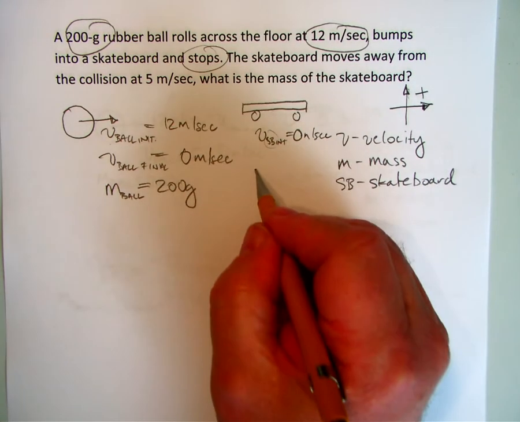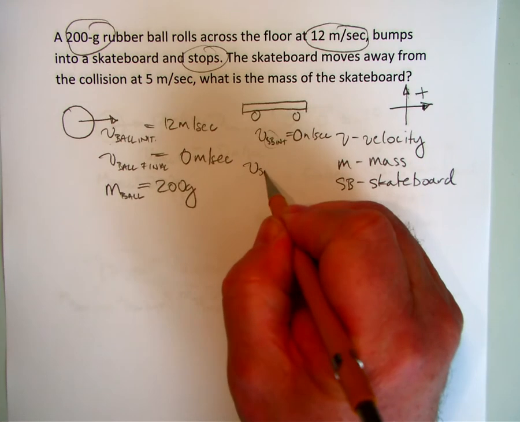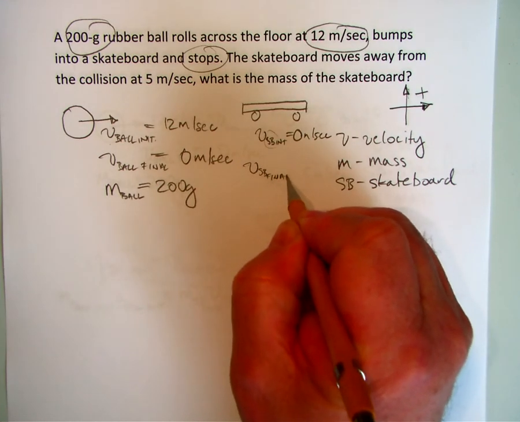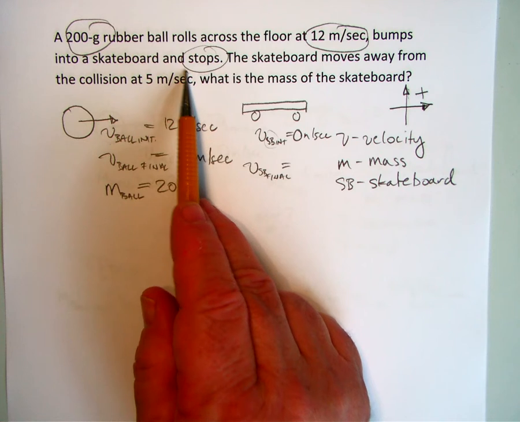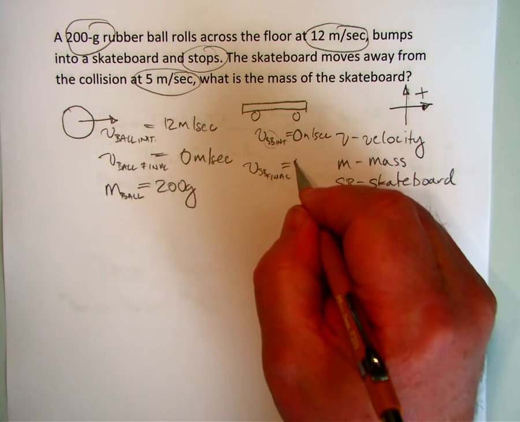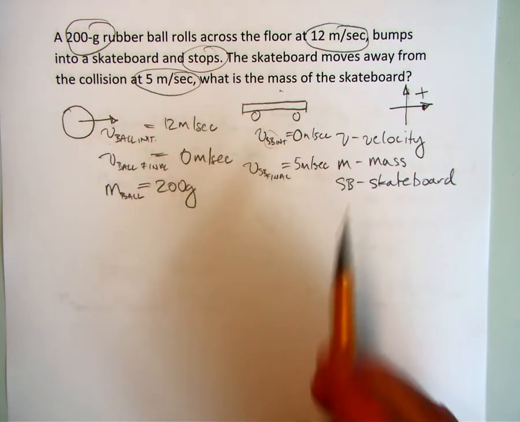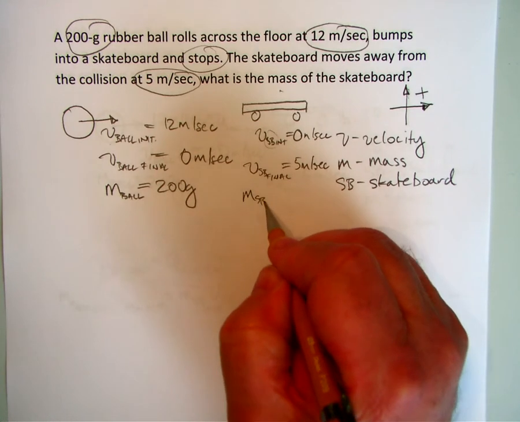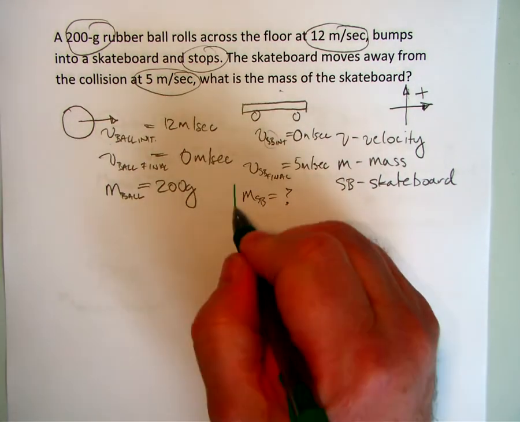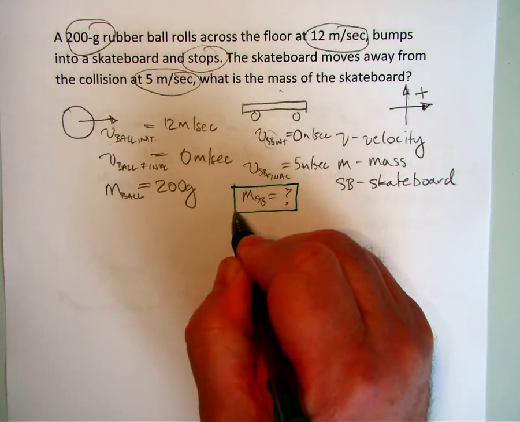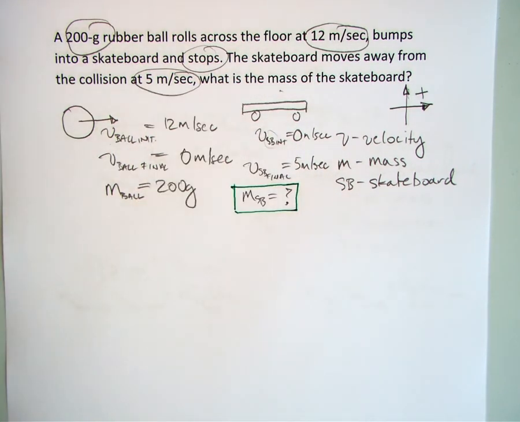We also have the final velocity of the skateboard, and that's equal to what? Looking back at our problem, that's 5 meters per second. Then the mass of the skateboard is what we're trying to find. There we've clearly identified what we're trying to find, and all the information that we're given in the problem.